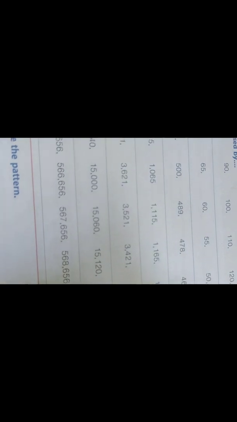We have 80, 90, 100, 110, 120, 130. So we move from the smaller one to a greater number. It means we are increasing. I told you increase, you add, decrease, you subtract. So we have to add, we have to do plus. So 80 plus how many will give us 90? 80 plus 10.